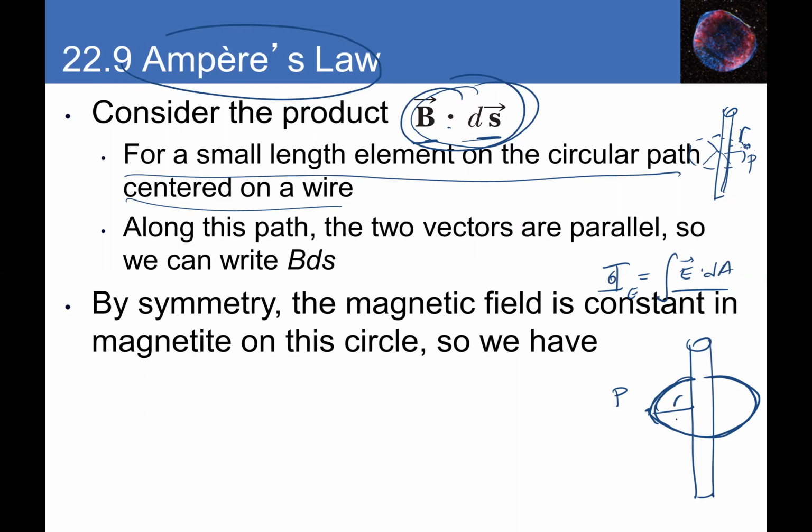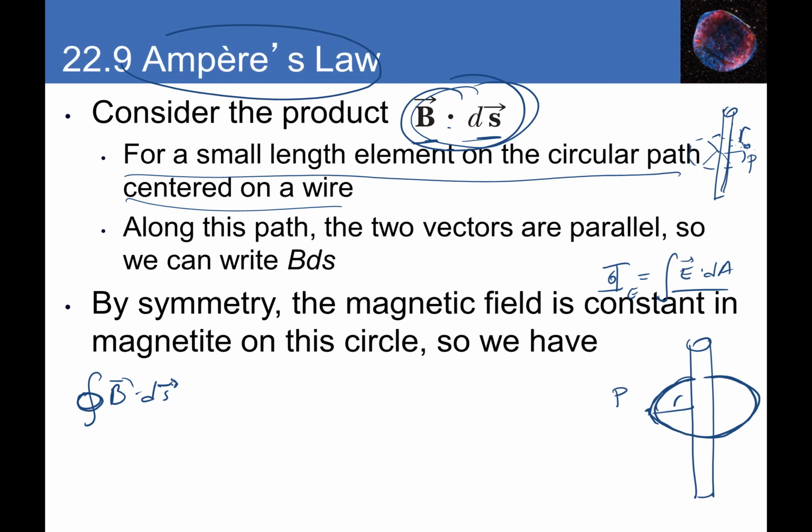Now I'm going to find the magnetic field around that loop, which means doing the integral of B dot ds over that entire circle. It's a closed integral because it's a closed loop, and the symbol represents that.